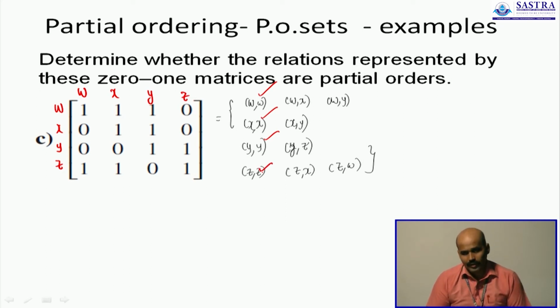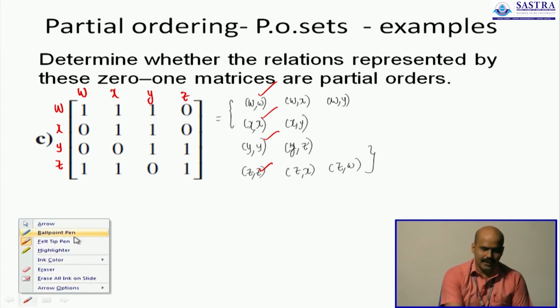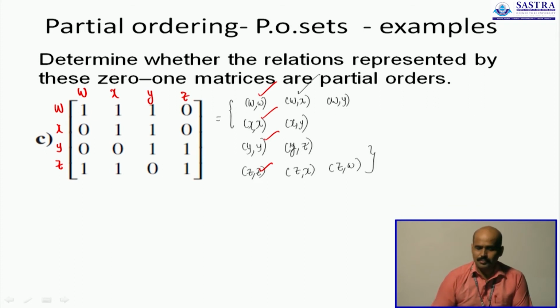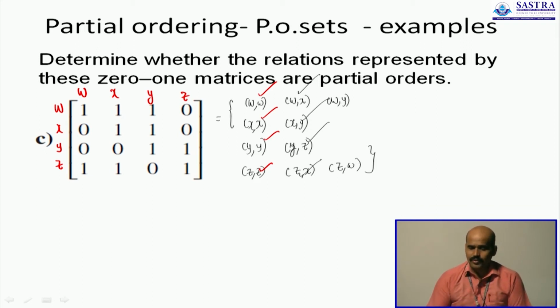Now can we call this antisymmetric? Because for any 2 distinct elements W and X, only one of them is present. For X and Y, only one of them is present. For Y and Z, only one of them is present. For Z and X, only one of them is present. For Z and W, only one of them is present.